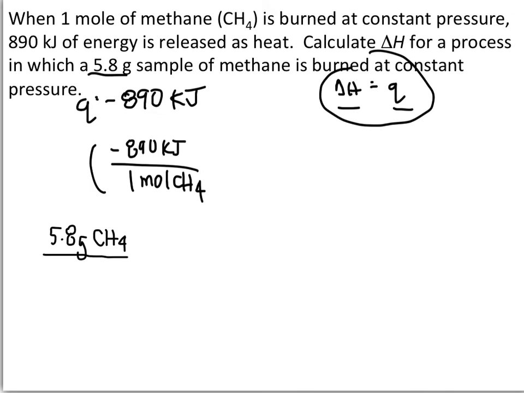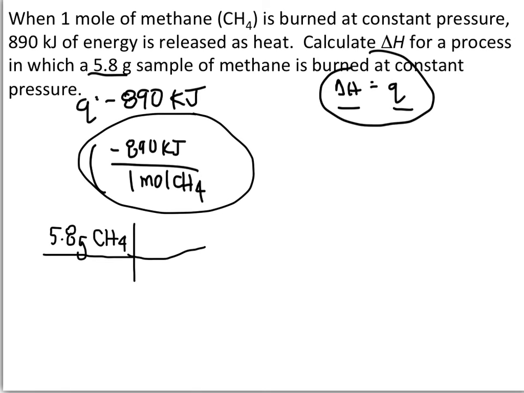Okay, so we need to go from grams of CH4 into moles, because our conversion factor between our heat and our moles of reactant by default makes us need to be in moles.